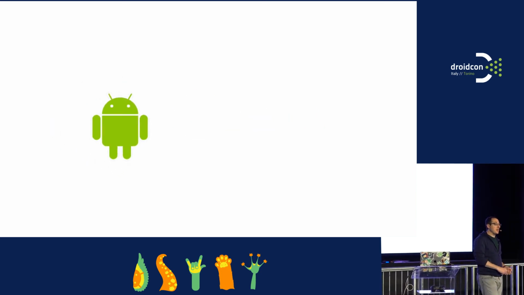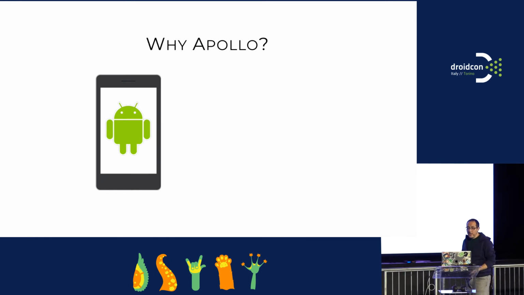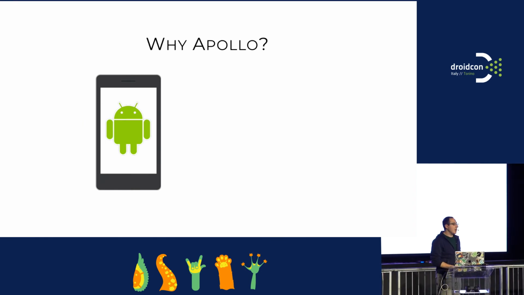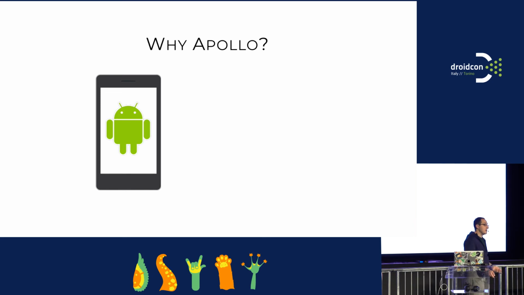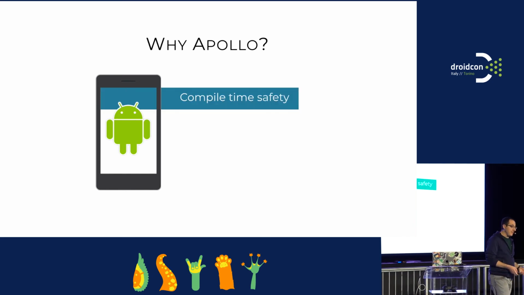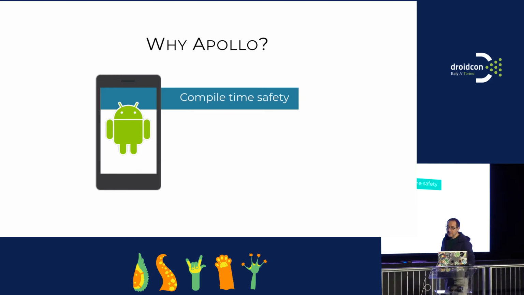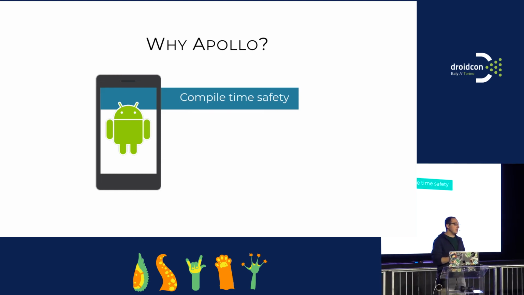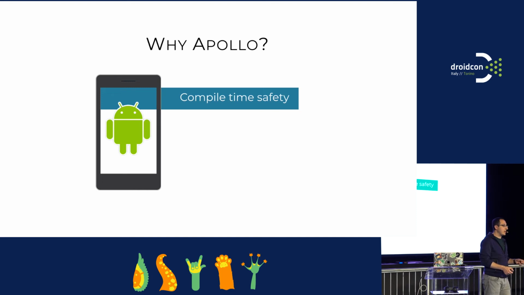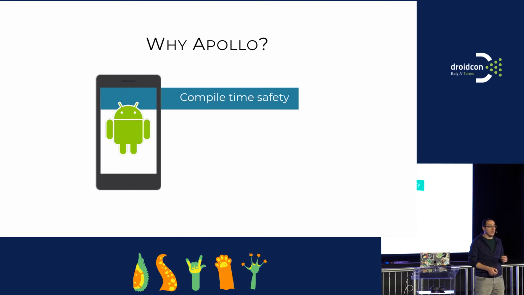So why should we use Apollo on Android? Apollo brings us all the features from GraphQL, of course. So, compile time safety. Why compile time safety? Because we just saw that with our tools, we always know if our query is right or wrong.